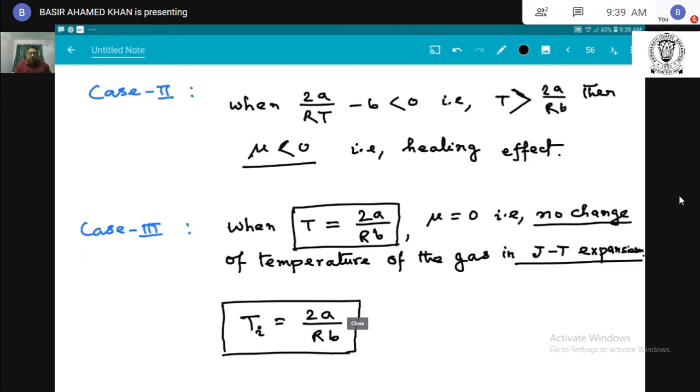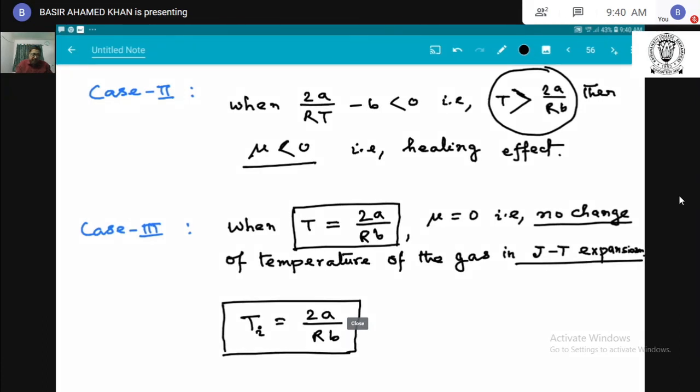When the temperature of the gas is below this temperature Ti, it is cooled after JT expansion, and the gas is heated when its temperature is greater than Ti. For this reason Ti is called inversion temperature. That means when the initial temperature of the gas is less than Ti, the gas becomes cool. When the initial temperature is greater than Ti, then the gas becomes hot after the JT expansion.